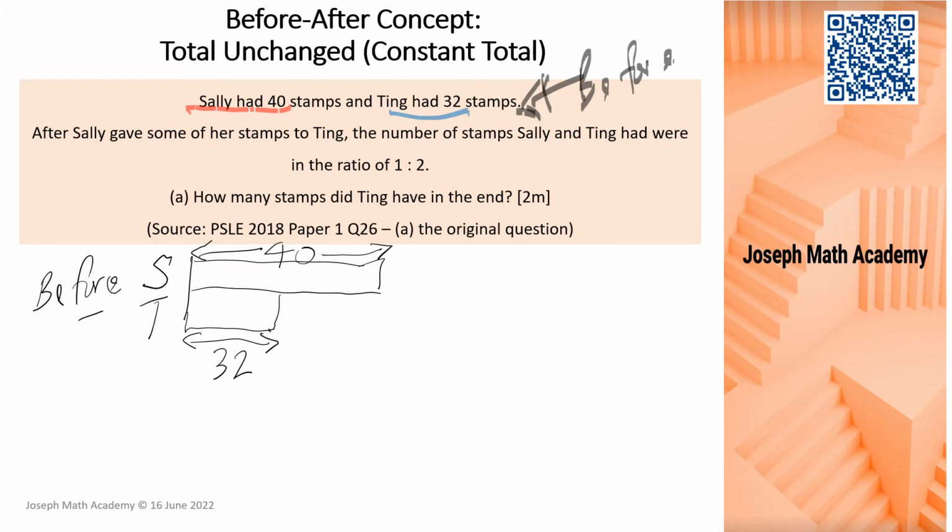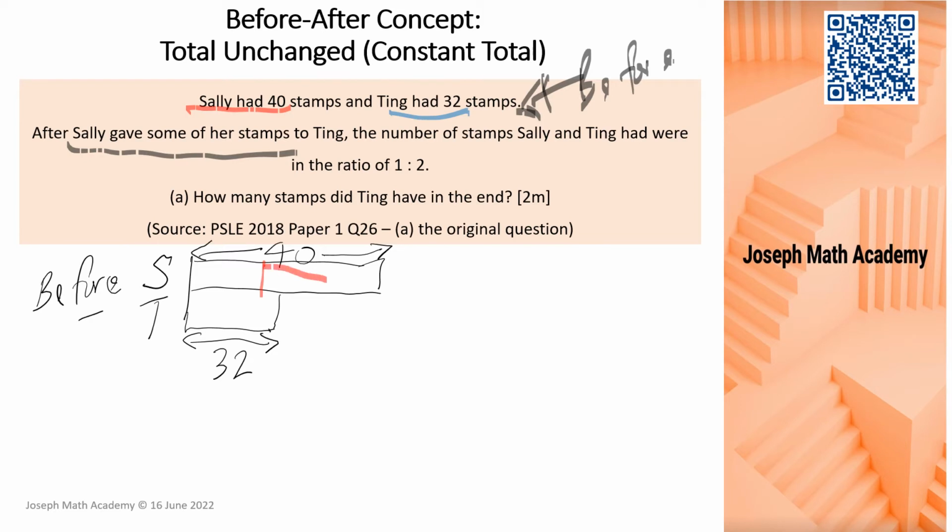Now we know very well that Sally gave some stamps to Ting. So I'm going to do something to my before model. Let's take a look at what is happening here. Sally gave, so I'm going to cut, let's say here.